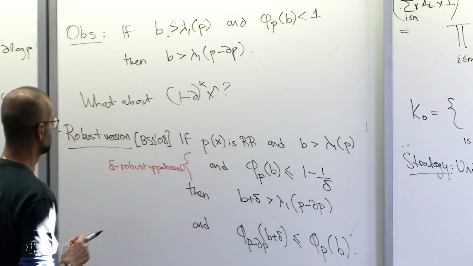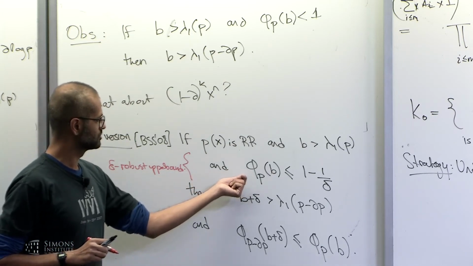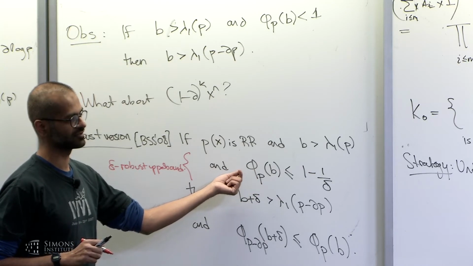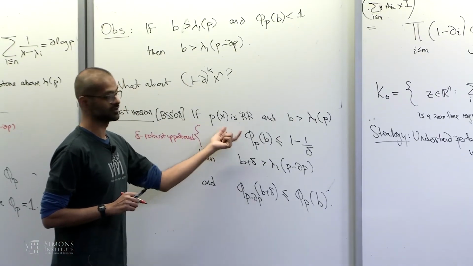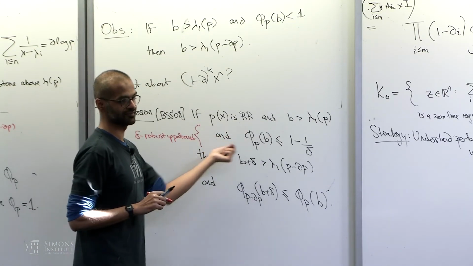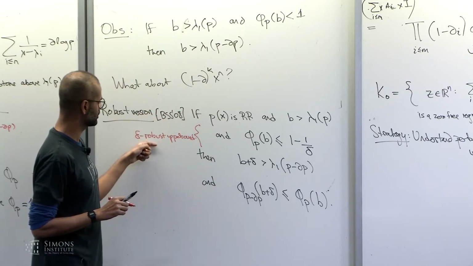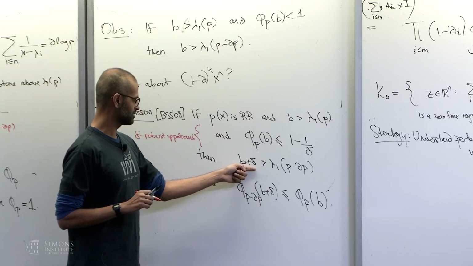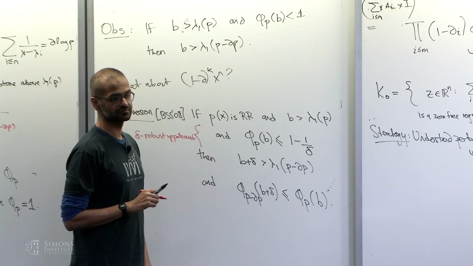So instead of looking at just upper bounds on the roots, I'm going to look at upper bounds where this function is small. And intuitively, those are points that are actually stable under these perturbations. They vary in a smooth way. What the theorem is saying is exactly that. If you find a delta robust upper bound, then b plus delta is a delta robust upper bound for p minus its derivative.